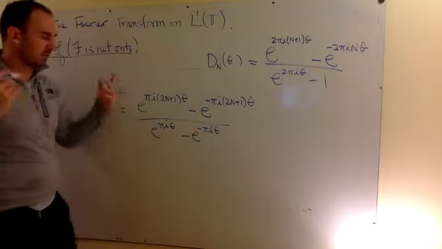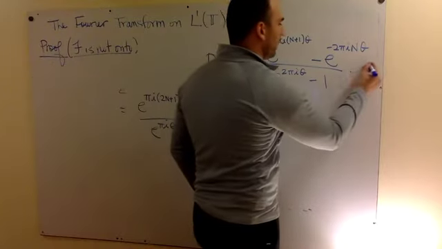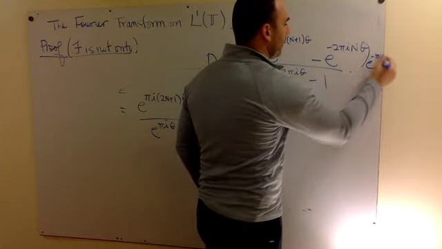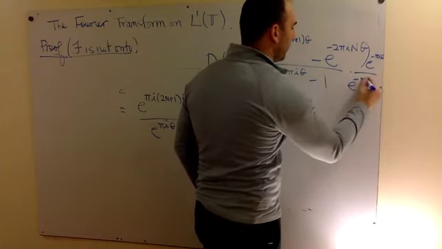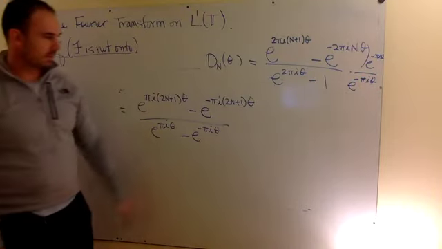Okay, you can think of this several ways, but multiplying by e to the minus pi i theta, you do that, which is equal to 1. This is what you get.